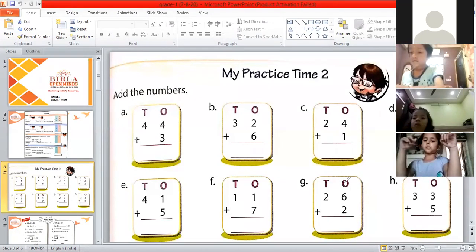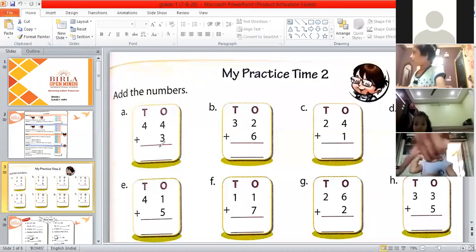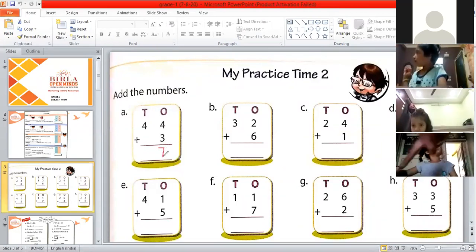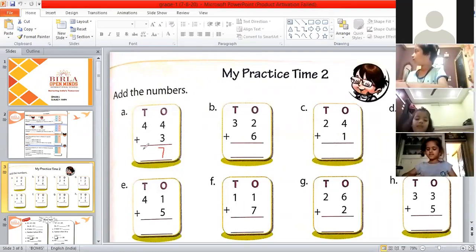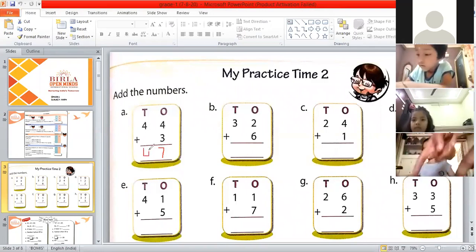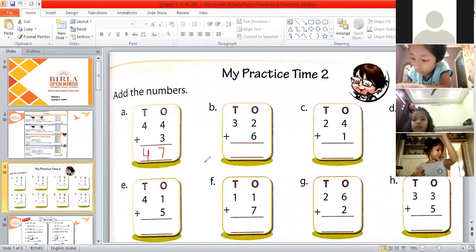Very good. So children, 4 plus 3 is 7. So we will write here 7 in ones place. And we have 4 here in tens place. Since there is no other number in tens place, we will write down this 4 as it is.